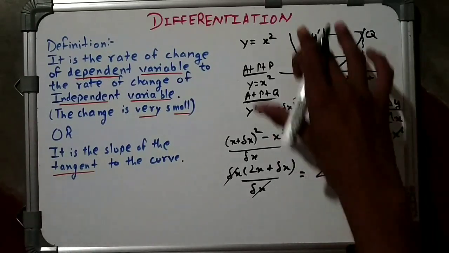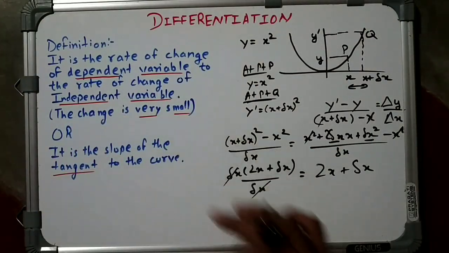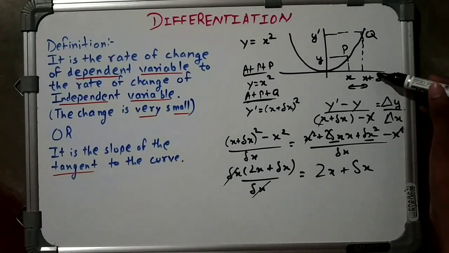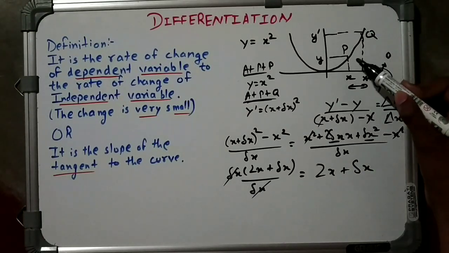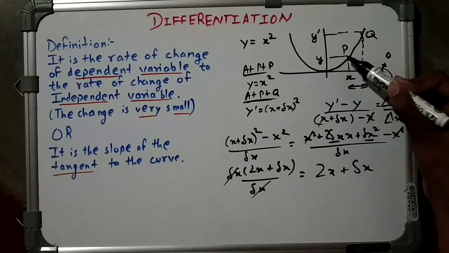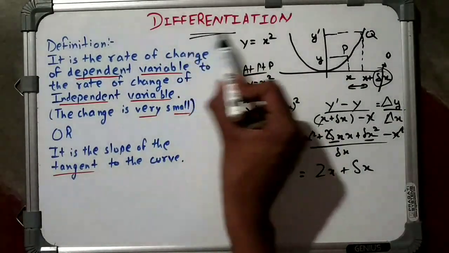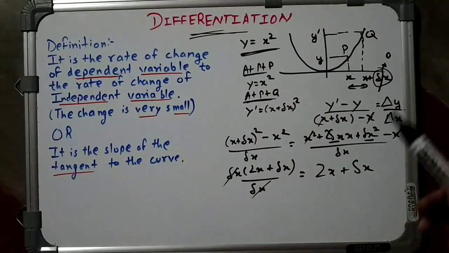Now differentiation actually depicts a change which is very small, in the sense that del x here, if we consider it to be approximately 0, if we consider the point Q to be very near towards point P, or actually coinciding with point P, then we can consider it to be the differentiated value of y is equal to x square.